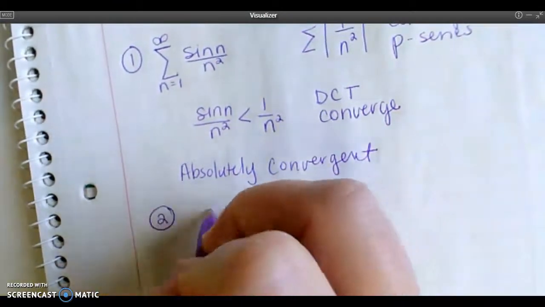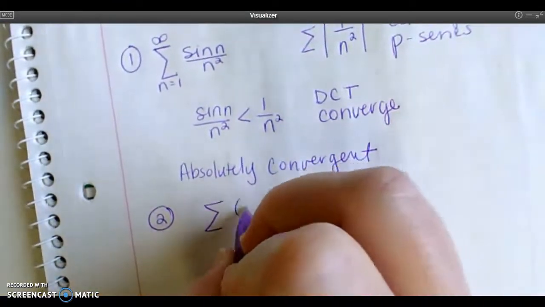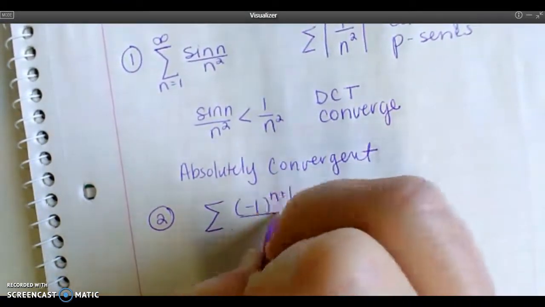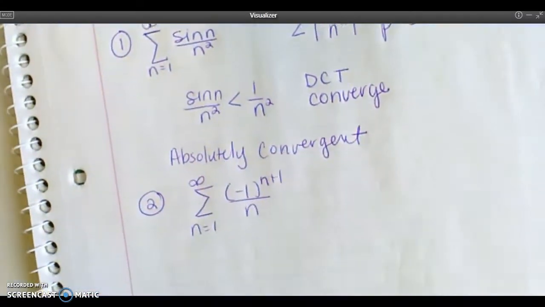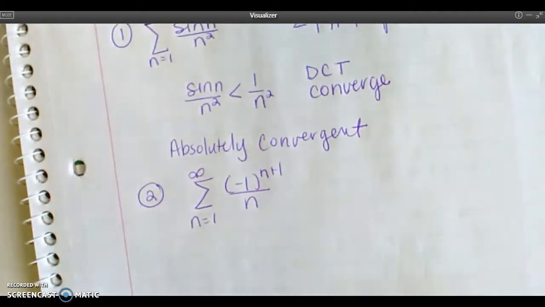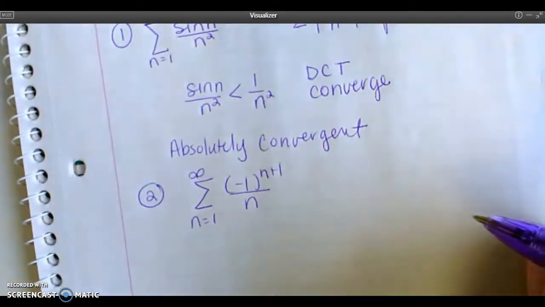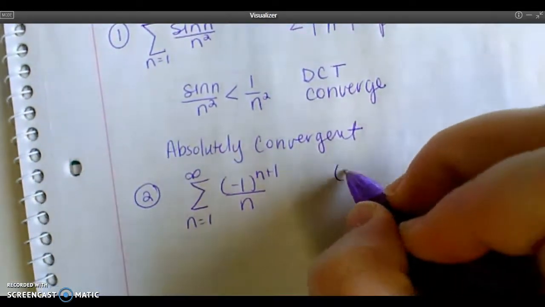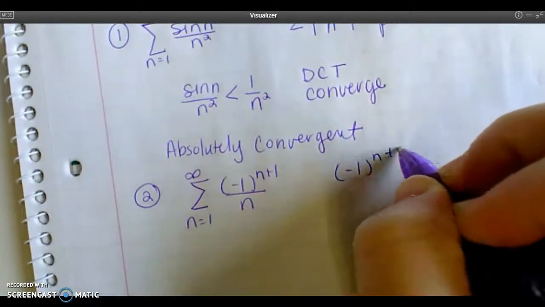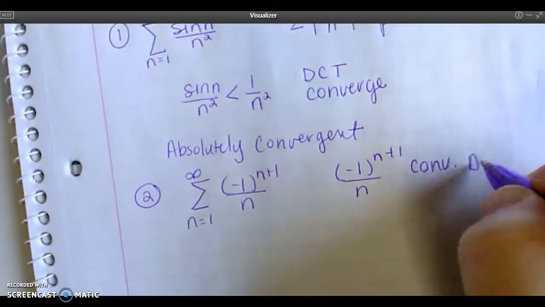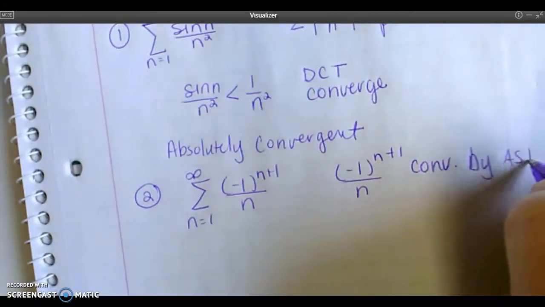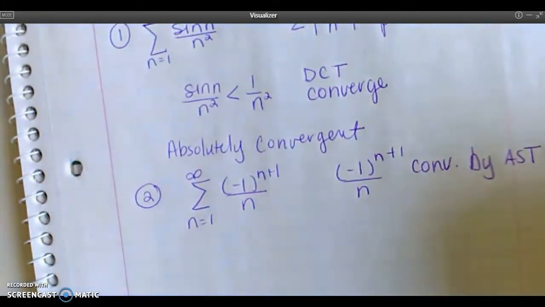Okay, let's look at this example. I can tell this is alternating for sure. So what I would do first is to say that the alternating series converges by AST, and think about your two conditions there.